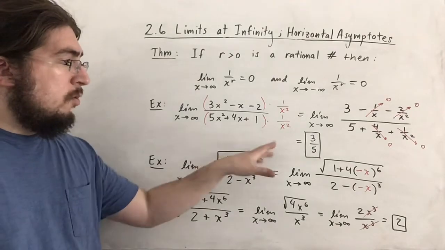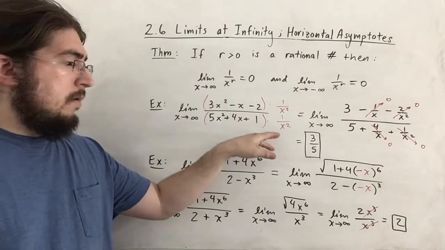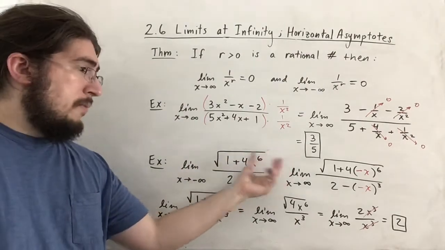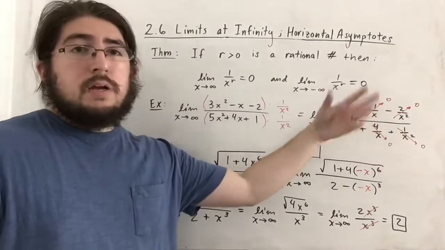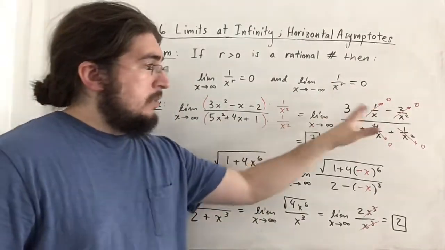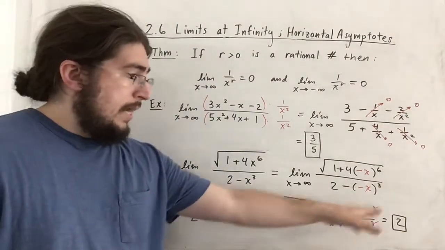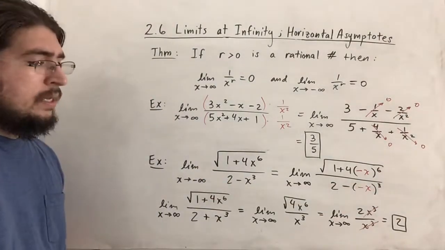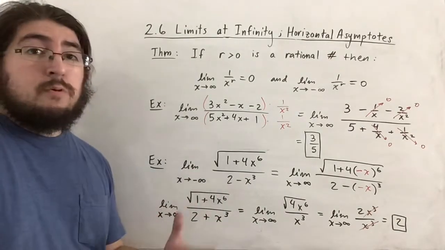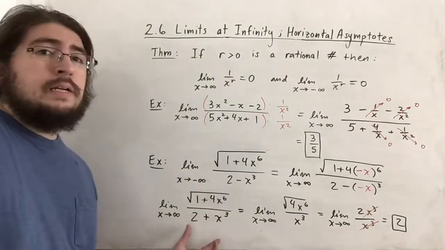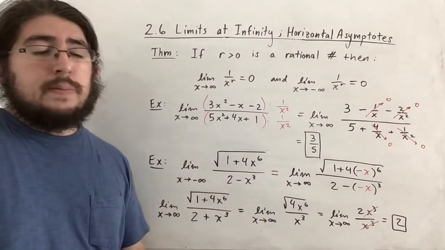So if you multiply top and bottom by 1 over x to the 3rd, and in the numerator bring that inside the radical as 1 over radical x to the 6th, then you'll see some cancellations like we saw here, and then we'll get terms that go to 0, and you'll be left with this anyways. But I just think this is probably the better way of handling it. Notice if you were to do it that way, you would still have to do this change from negative infinity to infinity in the limit.